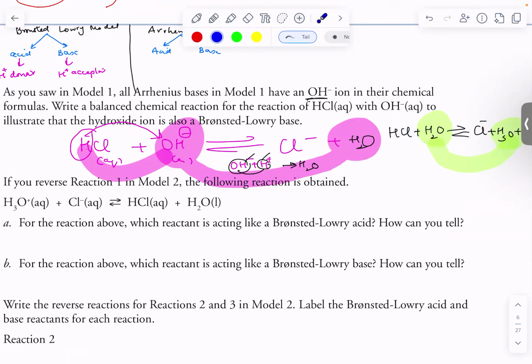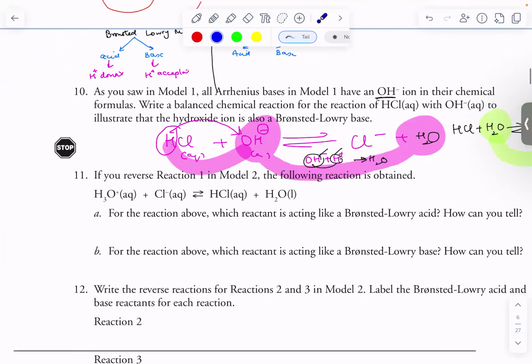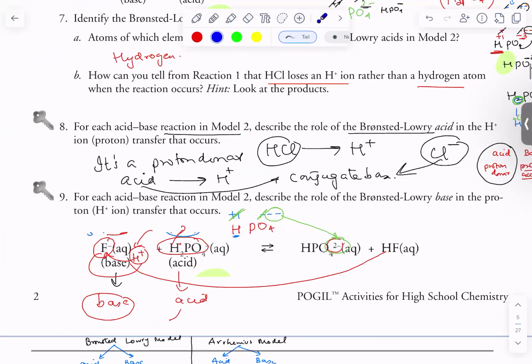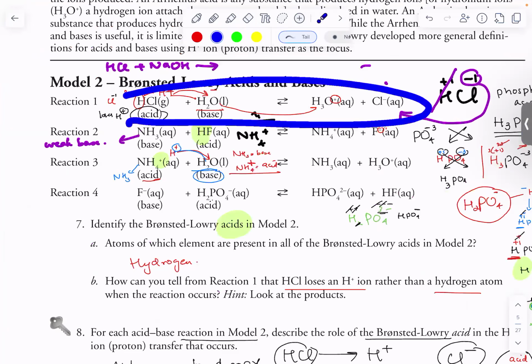If you reverse reaction 1 in model 2, the following reaction is obtained. He's asking that if you are going to reverse reaction 1 in model 2. So what is reaction 1 in model 2? This reaction.